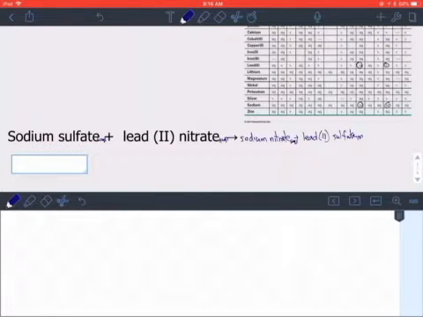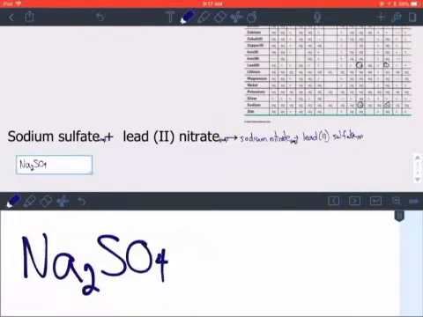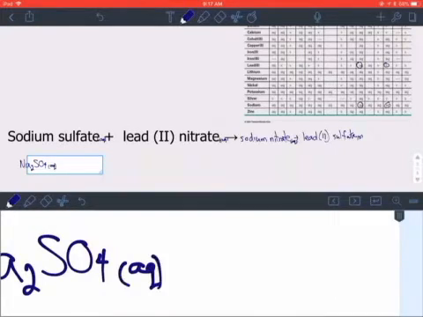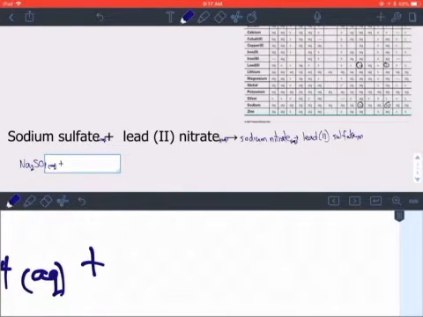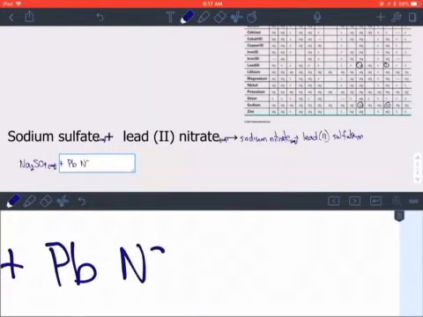Let's now complete the balanced chemical equation. Again, you need the periodic table in the back of the chart so you can see what's happening. Na and sulfate, SO4, and sulfate has a charge of 2, so there it is there. Aqueous plus lead, Pb, lead 2, so we know the charge is 2, NO3, nitrate.